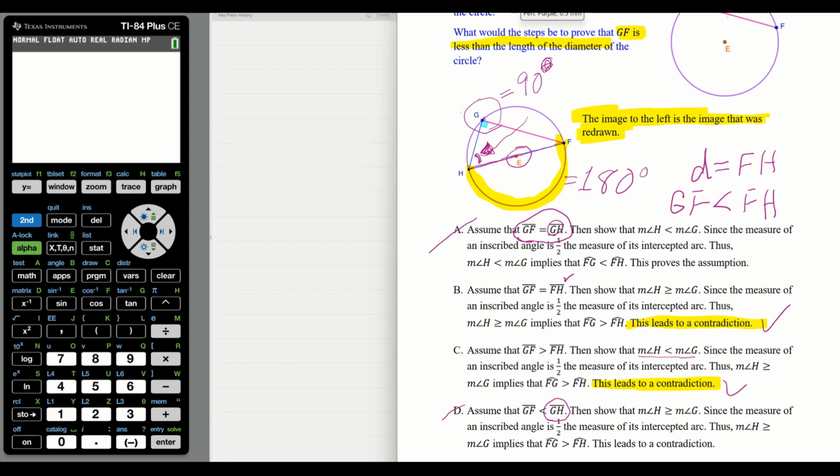You would have trouble showing that, because your statements are contradictions, and this cannot be proved with that. So this whole thing would just be considered a wrong proof. So we have to go with B.